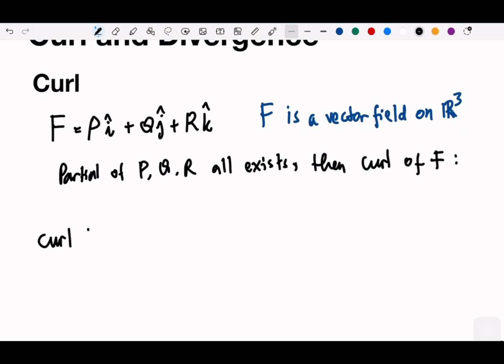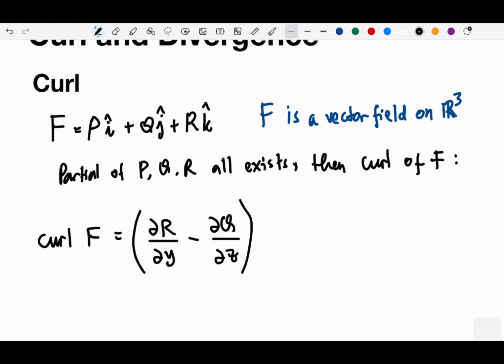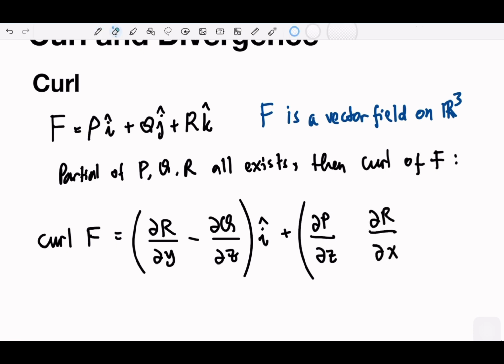So curl F equals del R del Y minus del Q del Z, and this is in the x-axis, plus del P del Z minus del R del X. And how we can come up with this formula I will explain later.